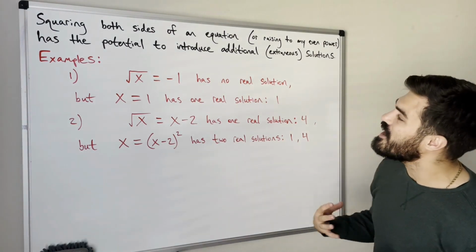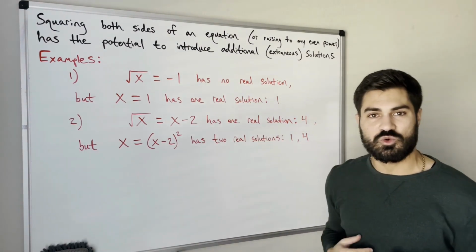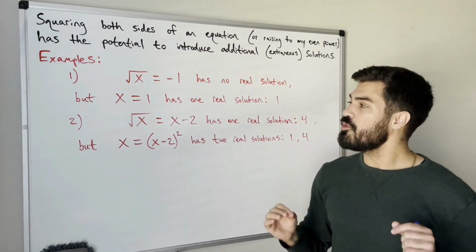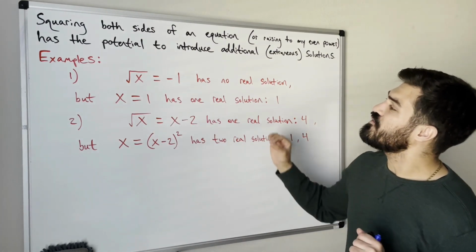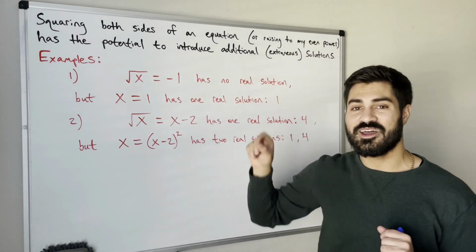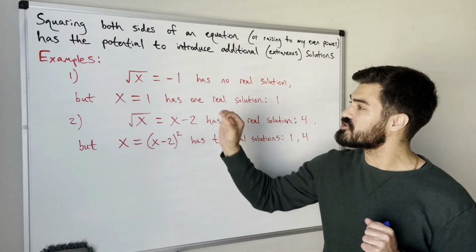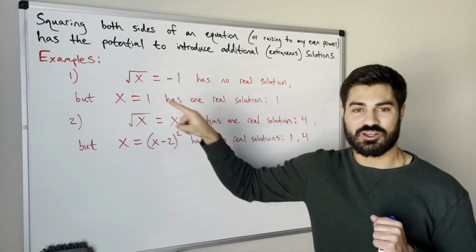So hopefully you can see how squaring both sides of an equation has the potential to produce a new equation. But what will always be true is that if the original equation has any solutions, those solutions will always also be solutions to the resulting equation.